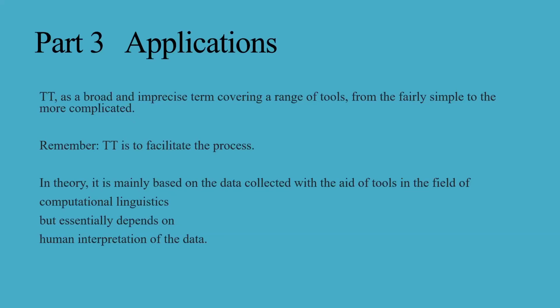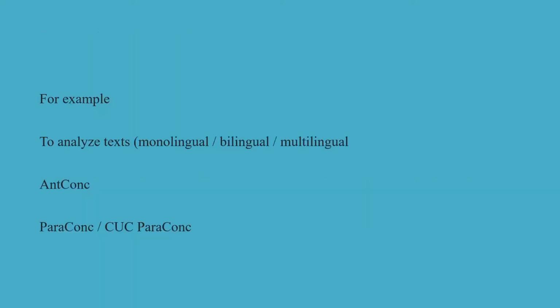In theory, it is mainly used on data collected with the aid of tools in the field of computational linguistics. But essentially, the data collected should be interpreted by a human. So the most decisive role is played by a human.